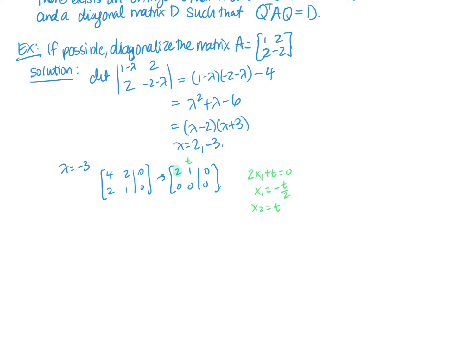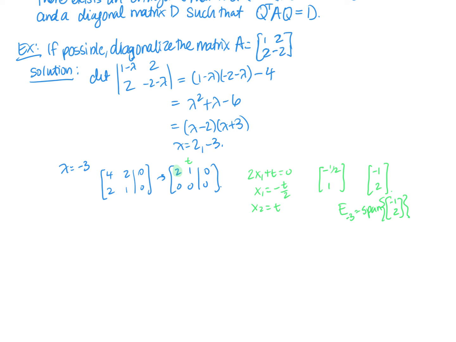My vector is negative 1/2, 1, or if I scale it to get rid of the fraction, negative 1, 2. So E minus 3 is equal to the span of negative 1, 2, or I could do 1, negative 2, whatever.